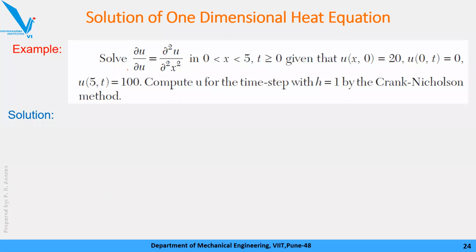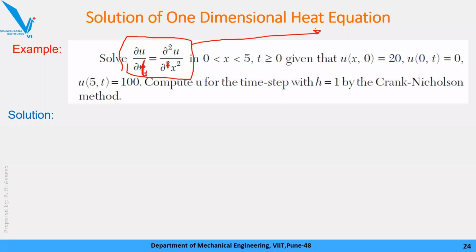Okay, so let's look at this example. The partial differential equation given to you is dou u by dou t. Here make a correction: dou u by dou t equal to dou square u by dou x square. So this is your governing equation.